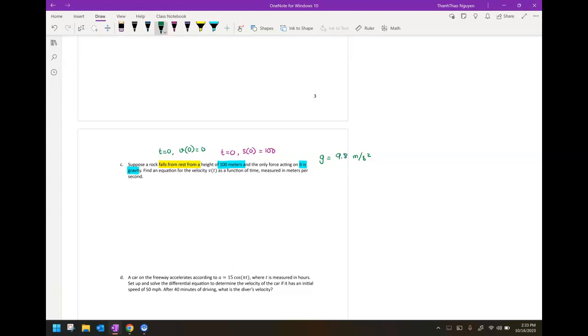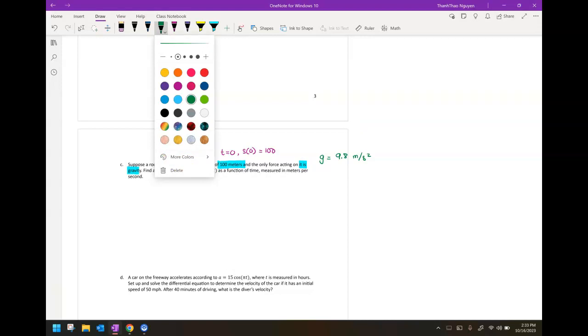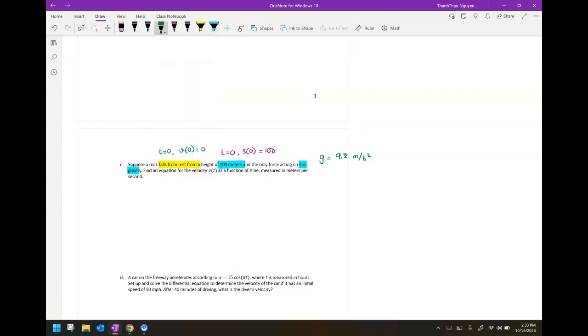Okay, so find the equation for the velocity v of t as a function of time. Because the only force acting on the rock is gravity, the acceleration of the rock is the gravity pulling on it. So it's falling down, so negative 9.8 meters per second squared.